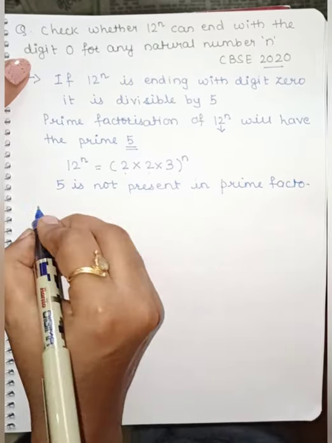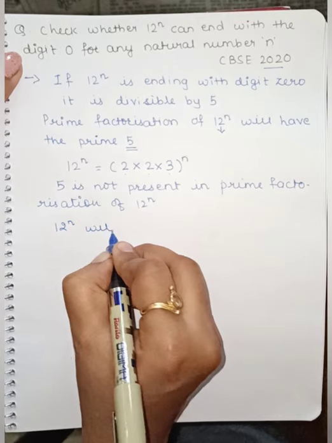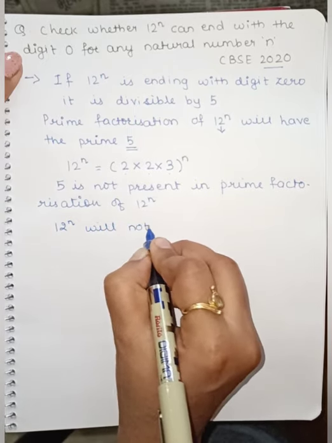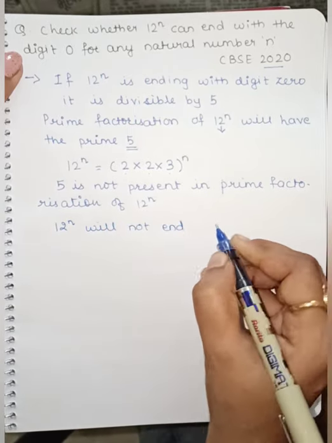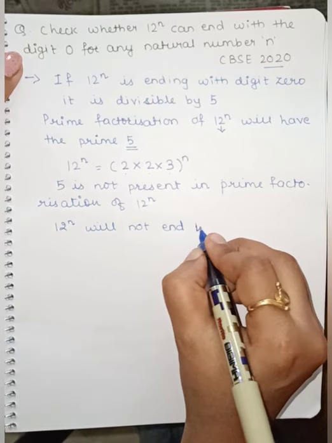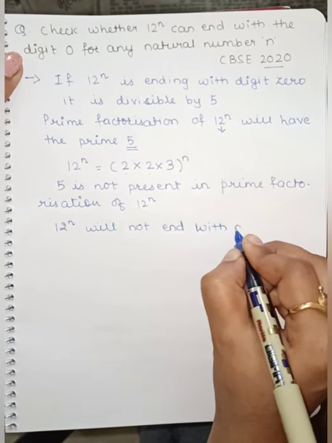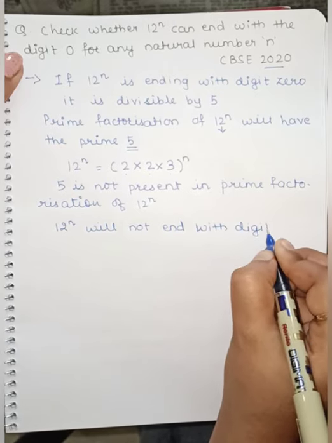And if 5 is not present as a prime number in its factorization, then definitely 12 raised to n will not end with digit 0.